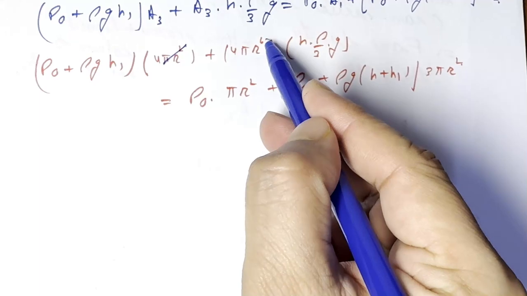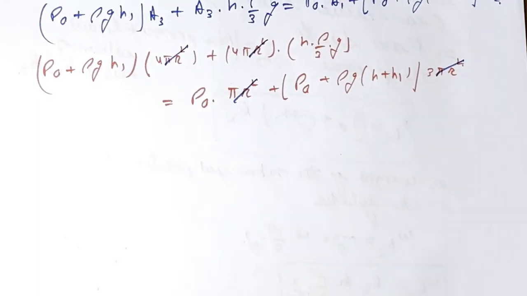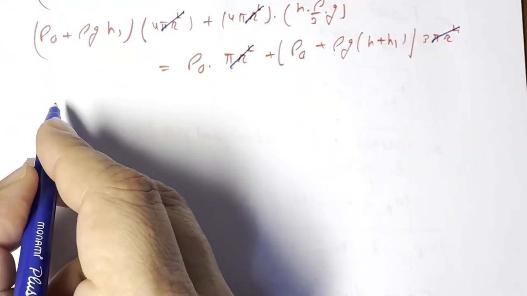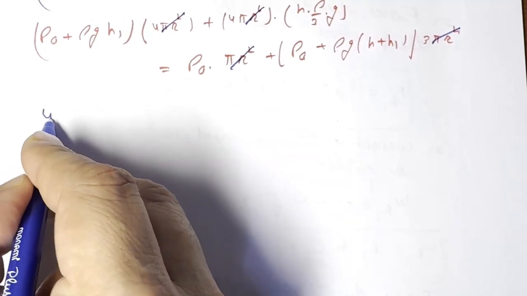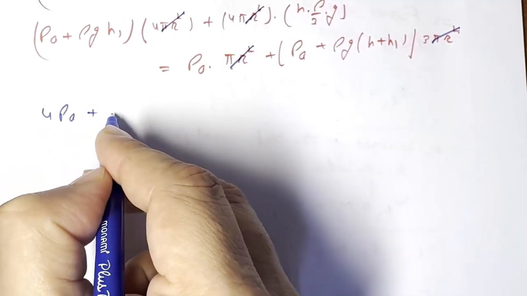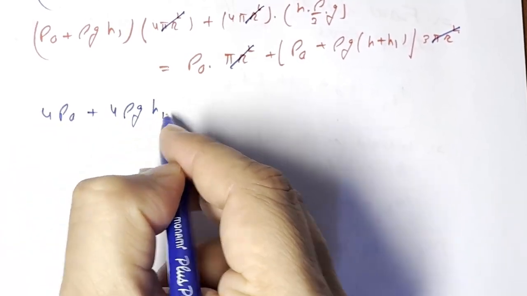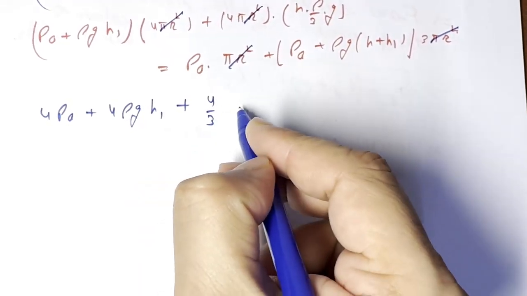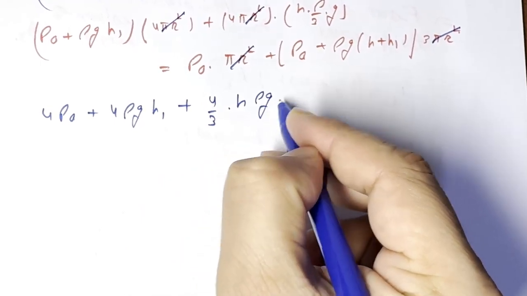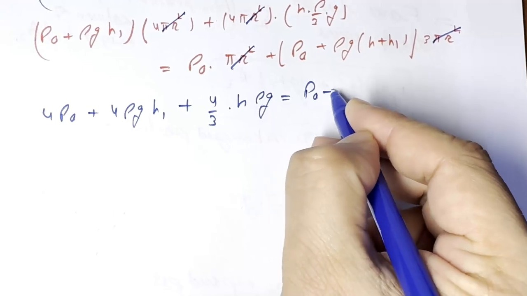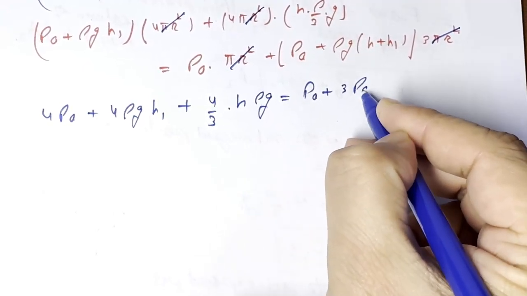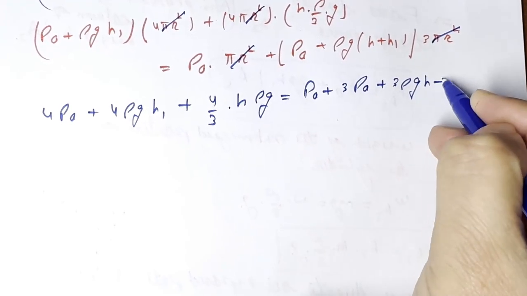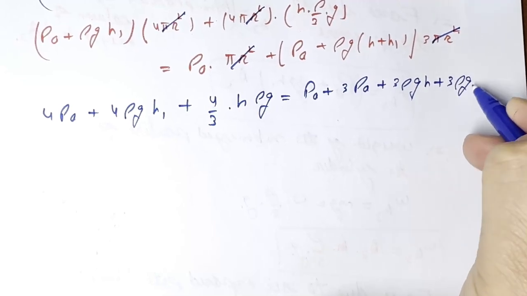So this pi r square cancels out throughout, and we open this bracket. So we get 4PA plus 4 rho g H1 plus 4 by 3 H rho g is equal to PA plus 3PA, and here we have 3 rho g H plus 3 rho g H1.